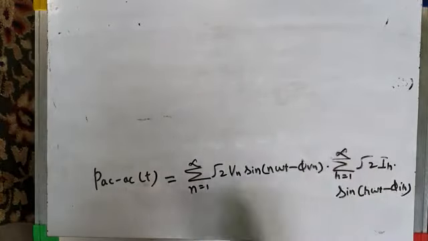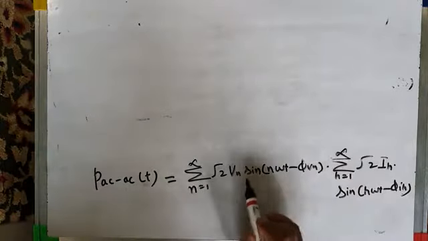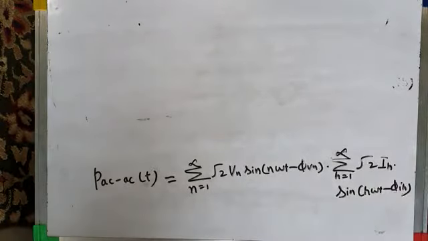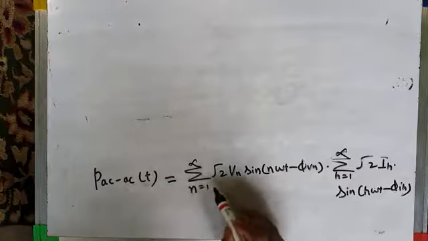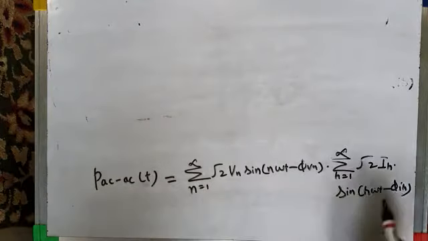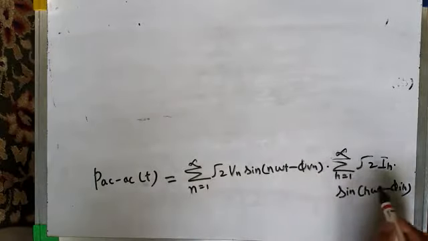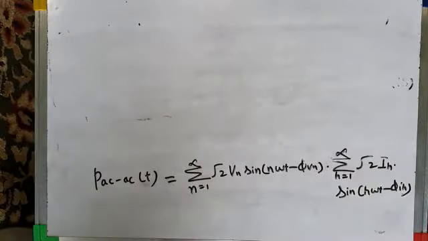Now it is possible that the fundamental component of voltage may interact with the fundamental component of current here. The second harmonic of voltage will interact with the second harmonic of current and give some power. The third harmonic of voltage will interact with the third harmonic of current and result in some instantaneous power.